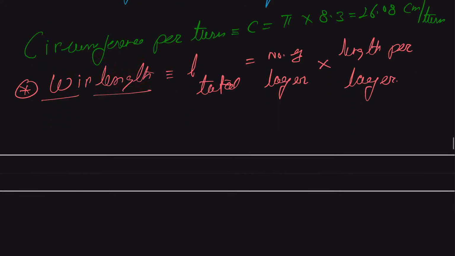Number of layers is 2, so we are mainly interested in calculating the length per layer, and for that we are given that the turns per layer are 4 turns per centimeter, multiplied by 32. So which comes as 128 turns per layer.